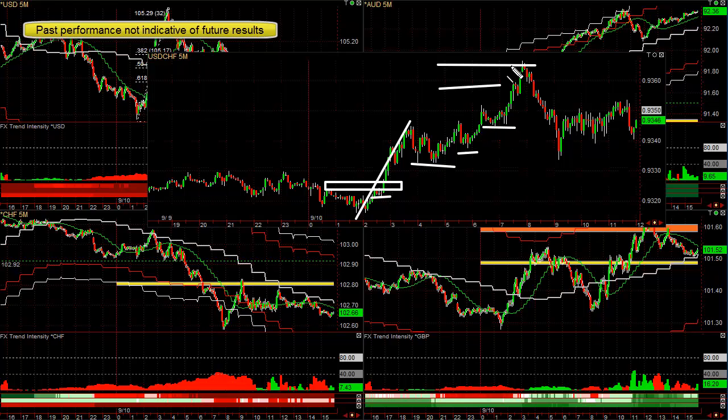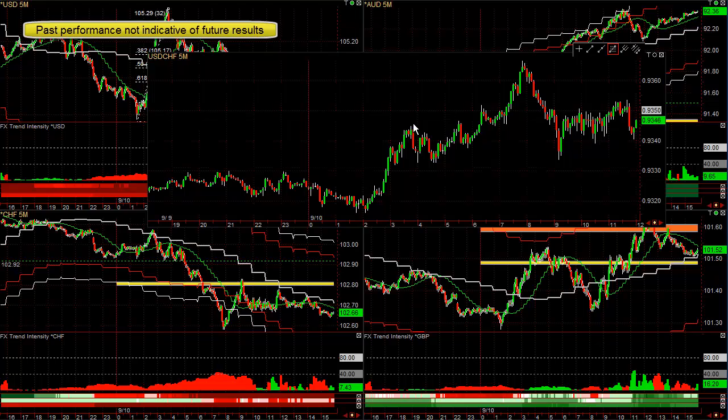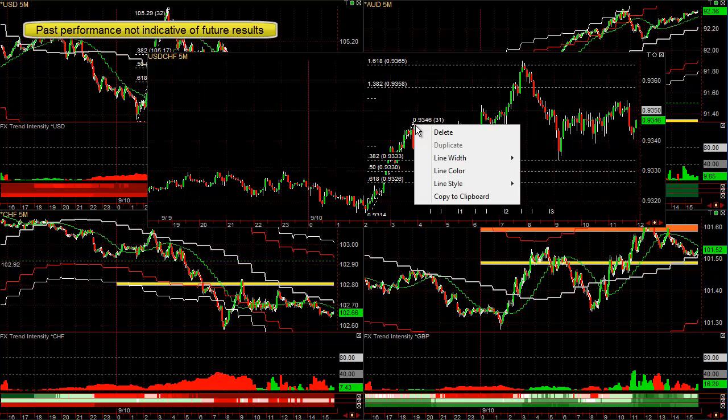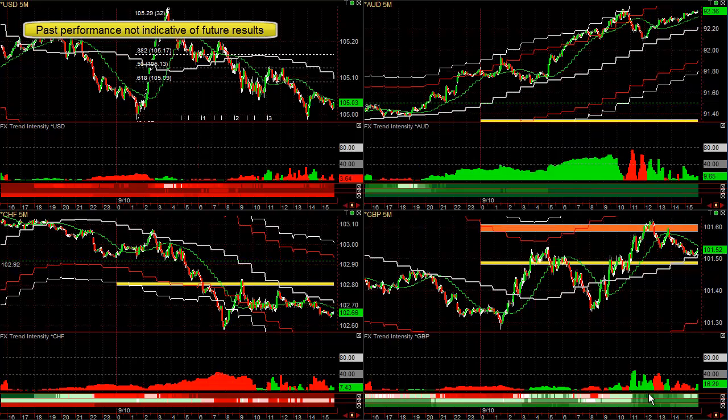At the very minimum, you should get out of half your trade when it hits the fib target, and then kind of trail your stop on the other half. Fib targets are very high probability, and most of the time the markets don't go past the 1.618, as you can see here. So there's many ways to trade these patterns.